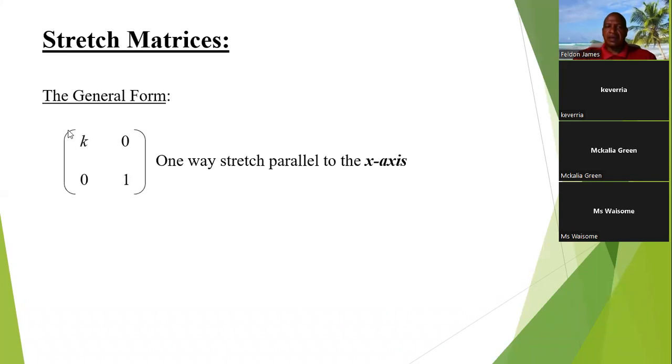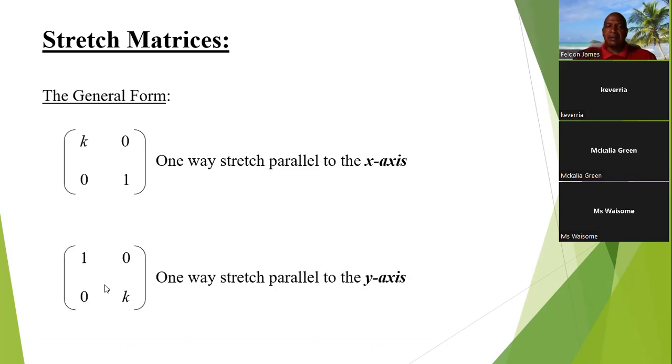right? So this would be like the unit matrix, where instead of having 1 up here, you have a value k. So k can be any value that you choose to put there. If it's a number greater than 1 and you put k, you're going to stretch it along the x-axis, right? If you put k below and the 1 above, it will now stretch it along the y-axis.